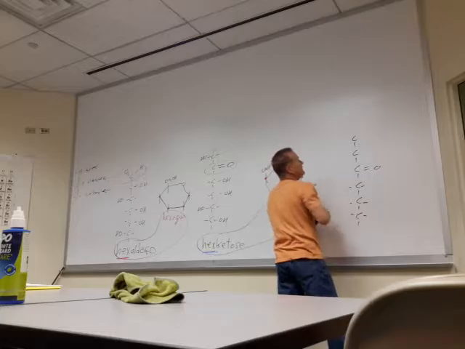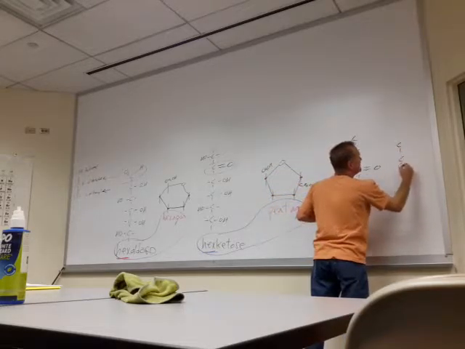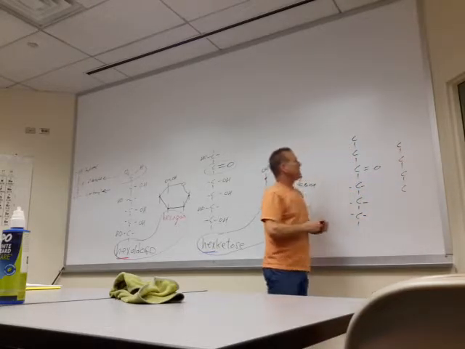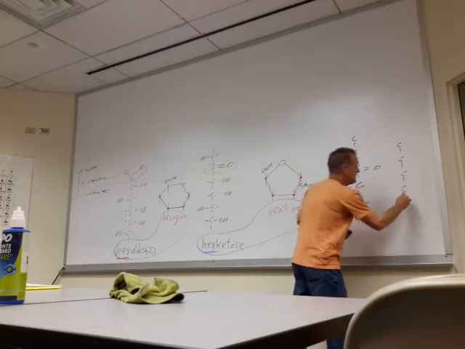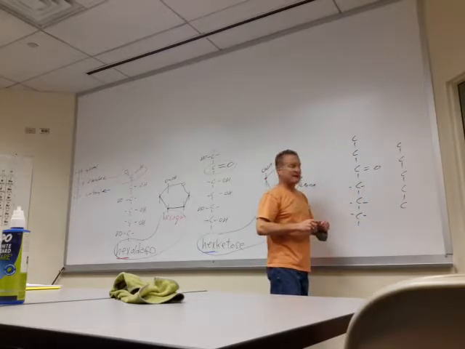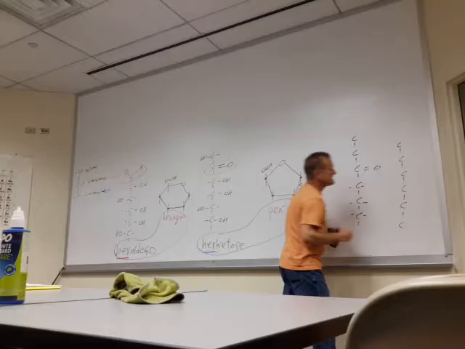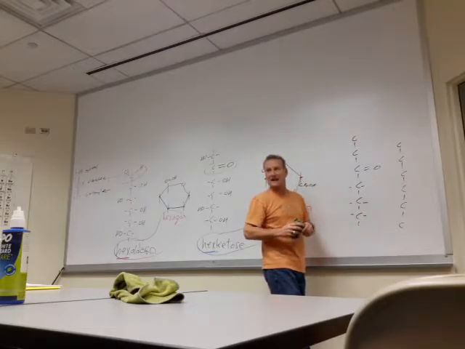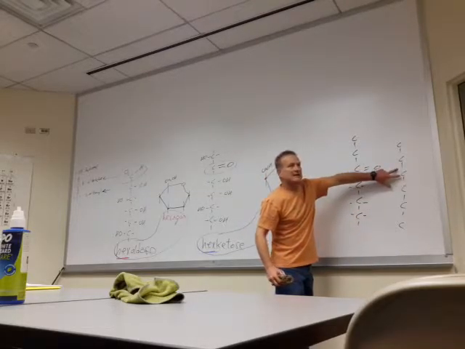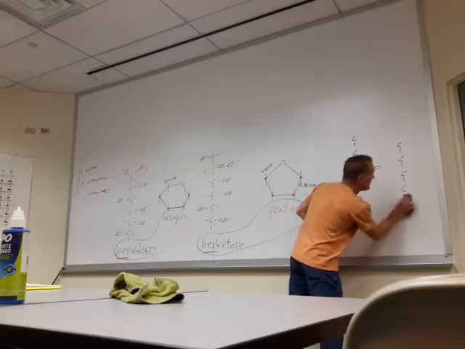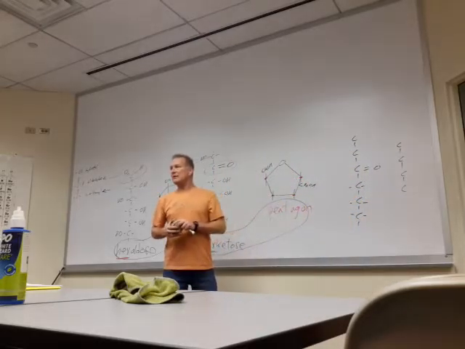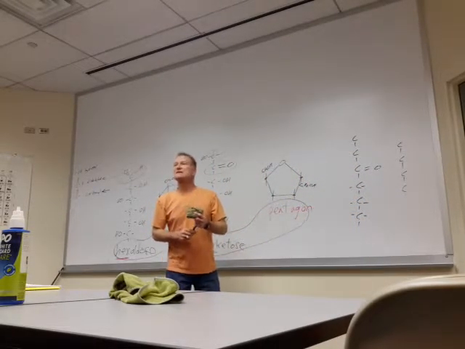Just like we saw how pentane could form cyclopentane. We saw how hexane could form cyclohexane. The bond angles allow that. But butane doesn't form cyclobutane because it would be a square.